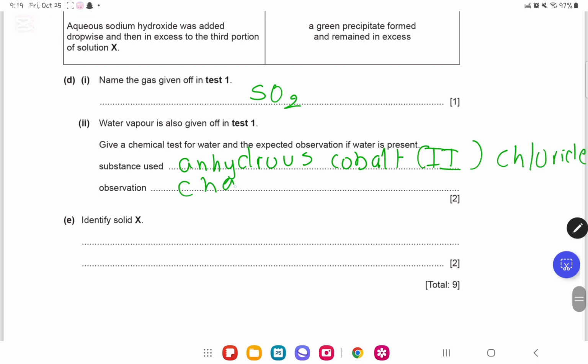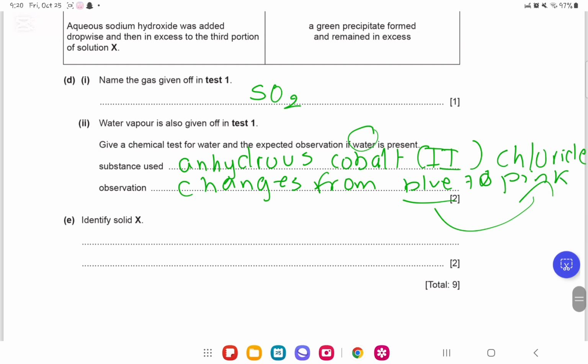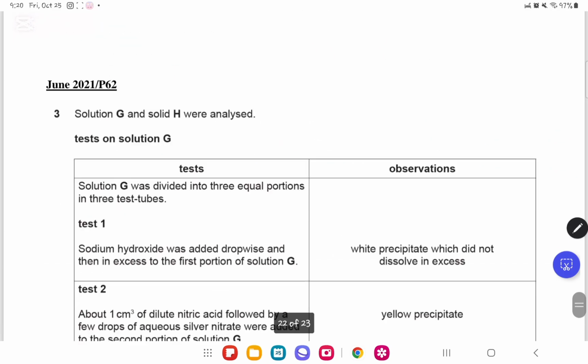It changes from blue to pink in the presence of water. So remember, anhydrous cobalt(II) chloride, if you add water to it, will change from blue to pink. So definitely solid X is FeSO4, or iron sulfate.